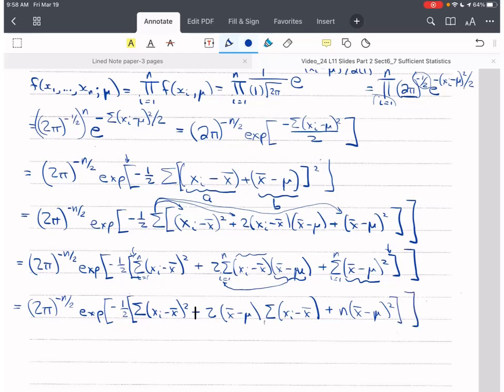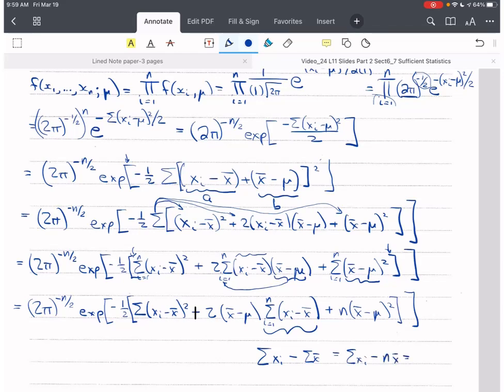Now, i equals 1 to n. I have x sub i minus x bar. This can be expanded. I'm not going to include this permanently, but this is sum of x sub i minus sum of x bar. And so this is sum of x sub i minus n times x bar.